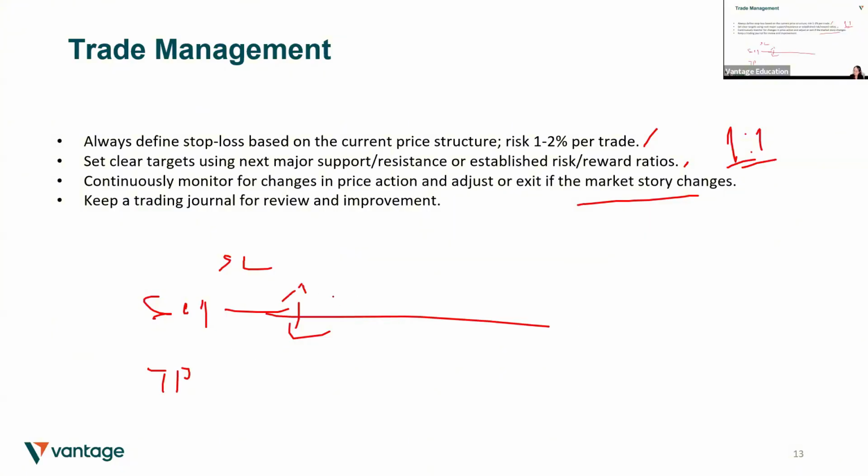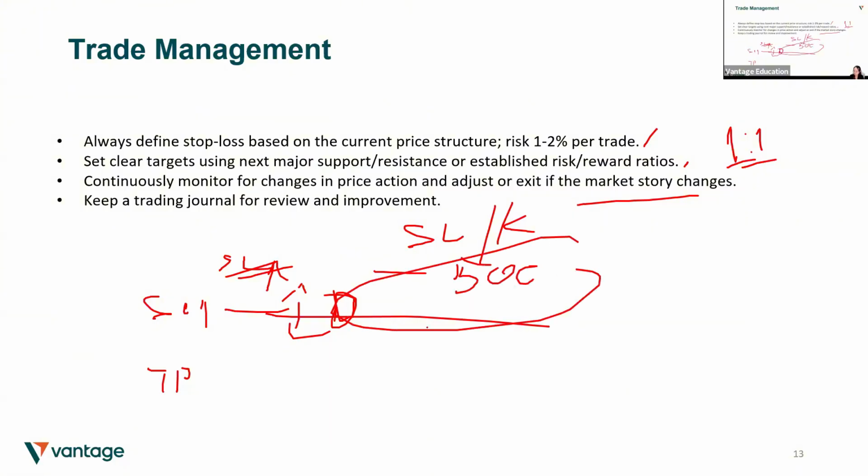This is my key level, and I see that it seems like price is going to break. It's already broken or closed above. Usually, if I see that, I just cut the loss, meaning I just close. I don't wait for price to hit my stop loss. Let's say if it hits my stop loss, I lose 1K. If I cut now, I will lose 500. I'll just close at 500.